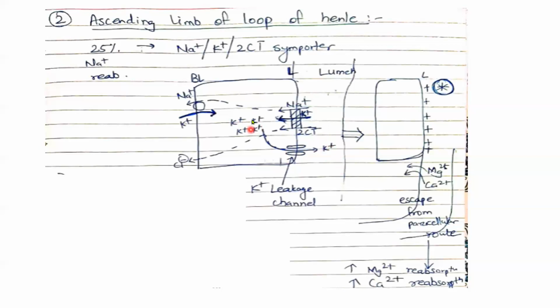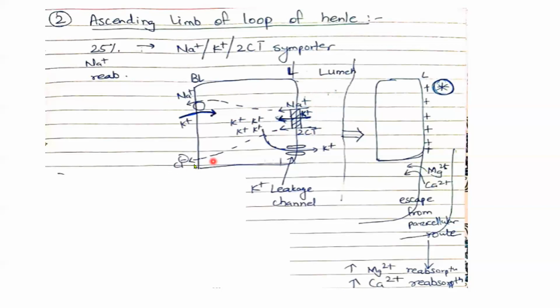So here I have shown that potassium is concentrated inside the cell and it is moving from the cell to the lumen. Why is it happening so? Again concentrate here. Sodium, potassium, 2 chloride. Sodium from the luminal side moves in the cell, goes out, so it is not concentrated in the cell. Chloride moves in the cell, goes out.